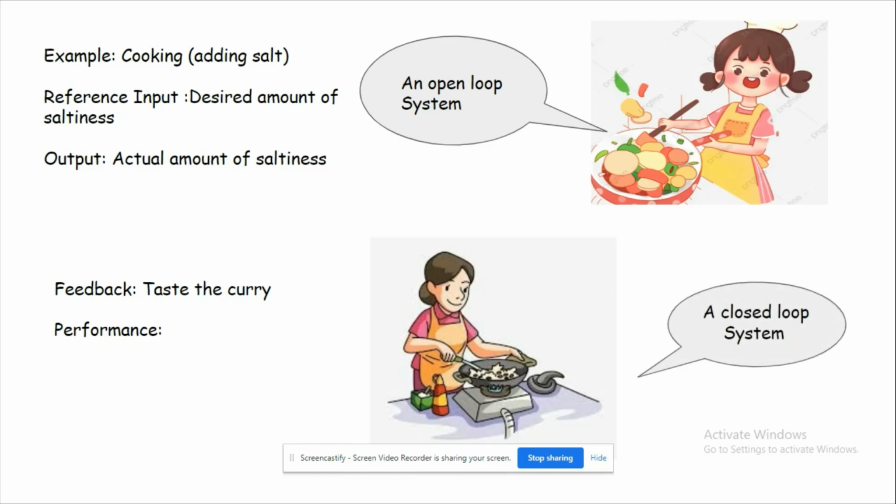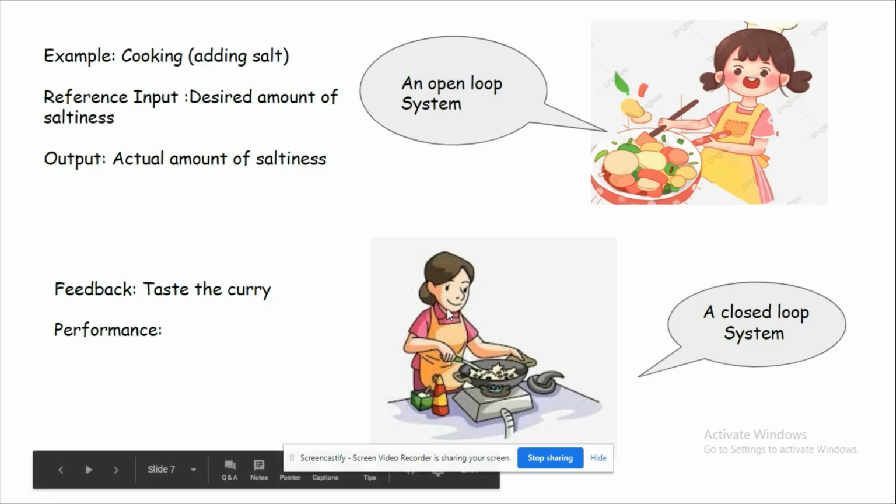So why? Because in this system we are not tasting the food. So only we know the reference input and we give a control, add the salt in the dish, and it depends on the skill of the cook that the food is having the right amount of salt or not.